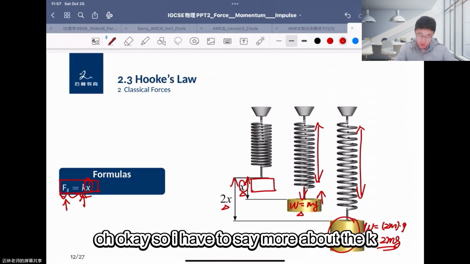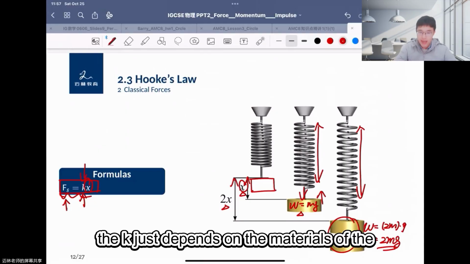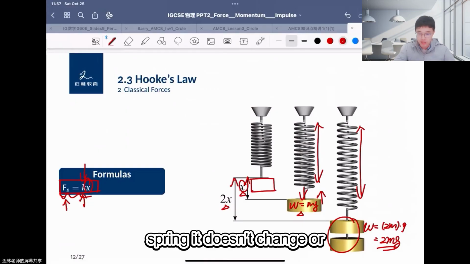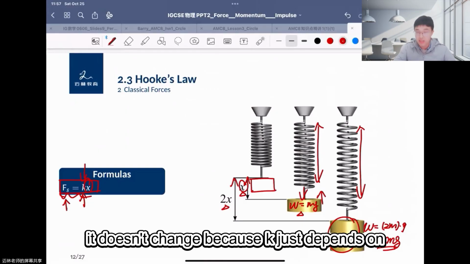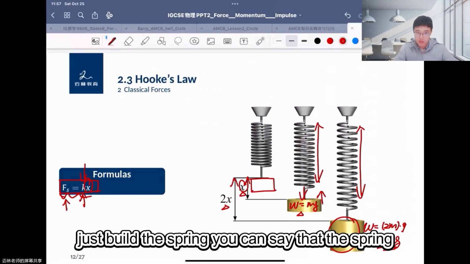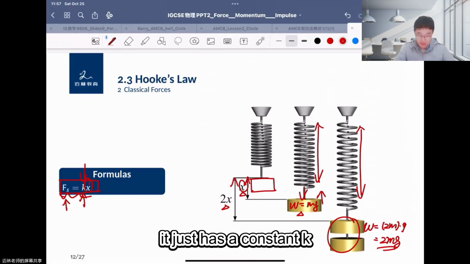I have to say more about the constant k. The k just depends on the material of the spring. It doesn't change, just like g, because k just depends on the material. Once you build the spring, it has a constant k.